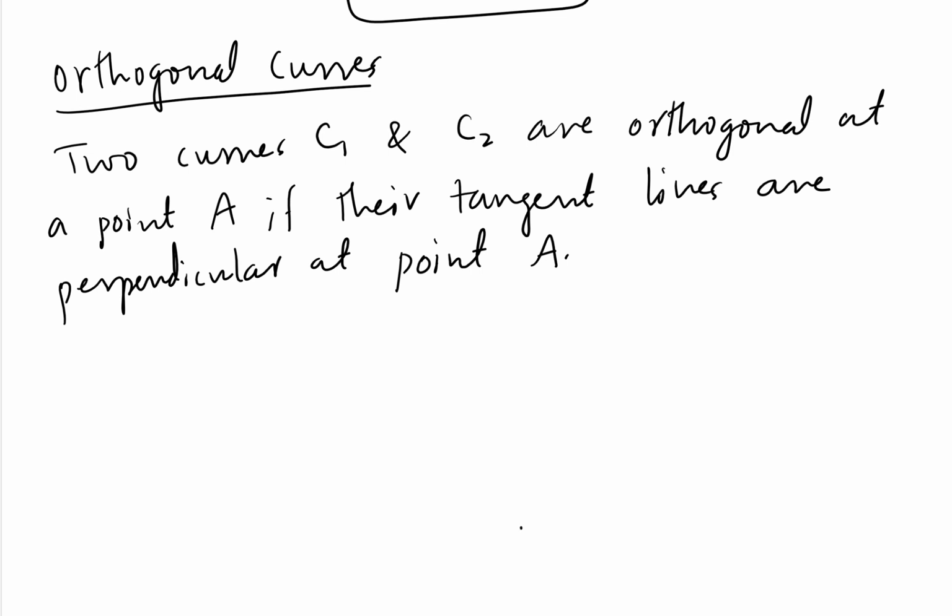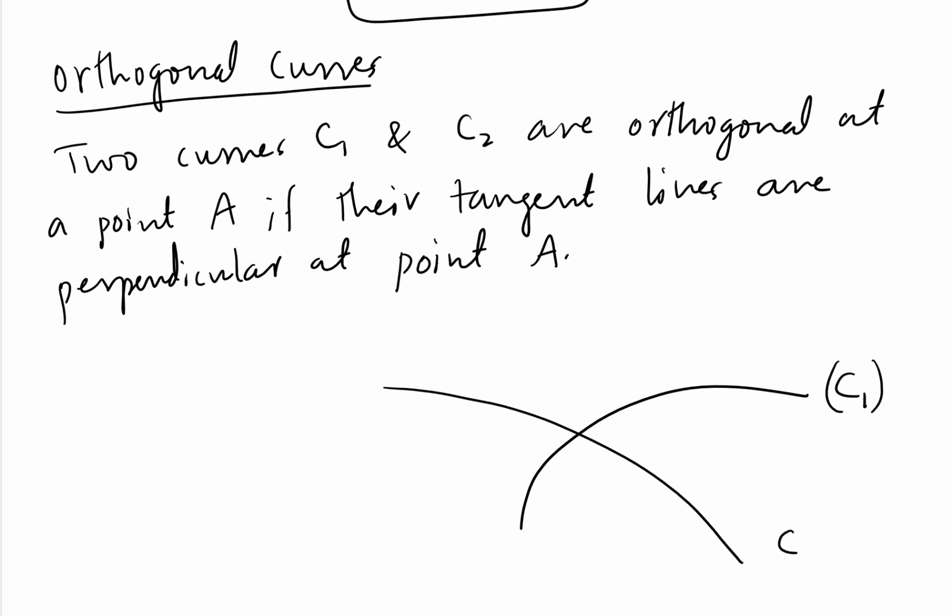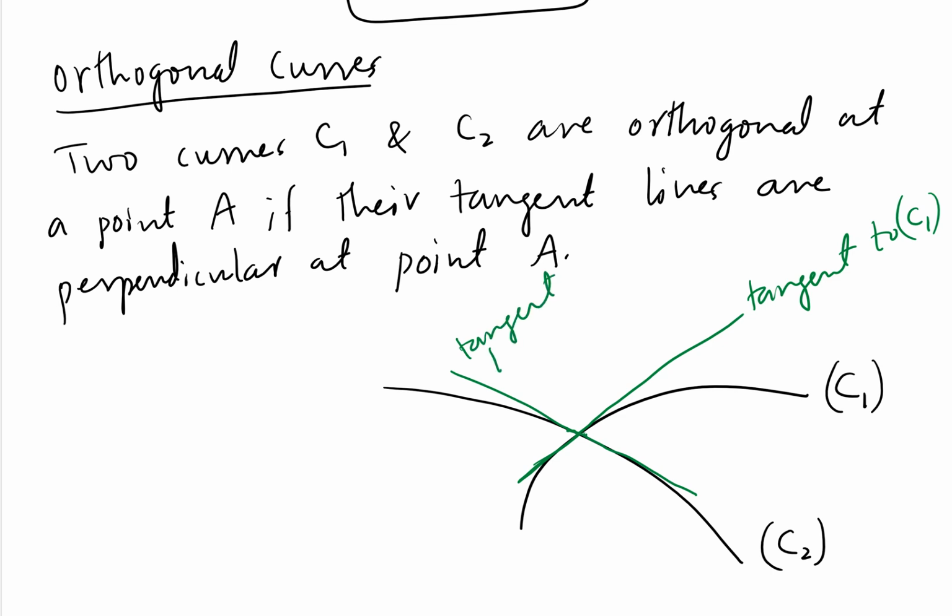So, for example, if you have a curve like this and another curve like this, this is C1 and that's C2. You have a tangent line to C1 and another tangent line to C2.